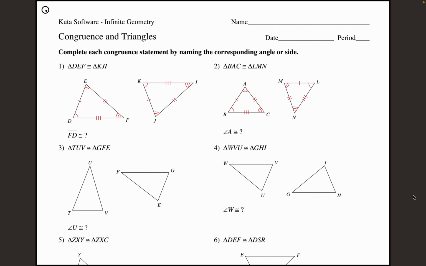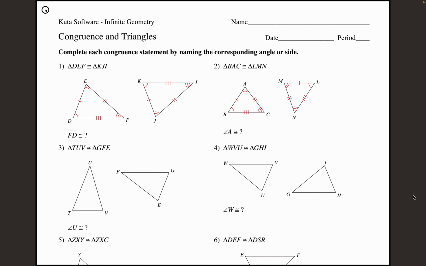I'm not writing a statement. I'm not doing number 7. It says write a statement. I know. Do you know what that is? All you have to do is this. This is the statement. So just triangle blank is congruent to triangle blank. So KJI is congruent to RTS?